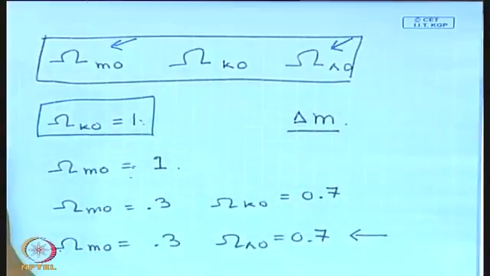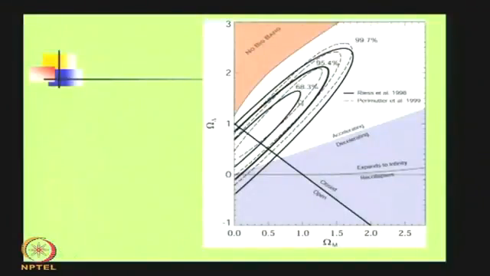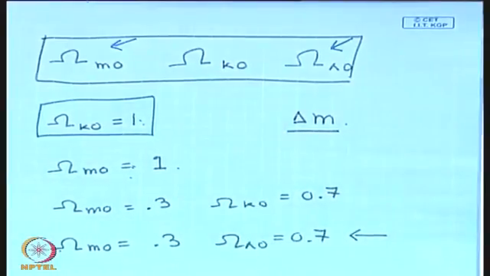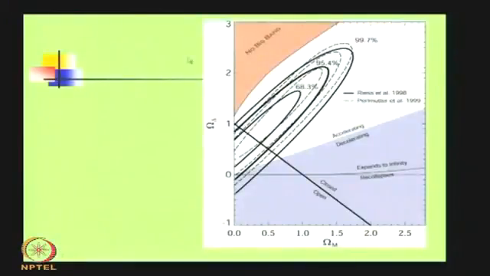If you go above this line, you are in a model where omega curvature naught is negative, so the space is closed. Okay, k is 1 in my metric. Fine. So we have a clear understanding of this. This solid line corresponds to models which are spatially flat.